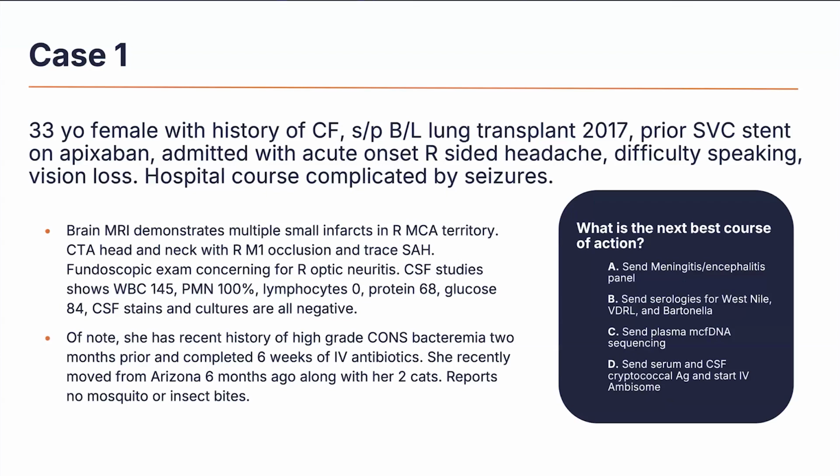Or would you think that maybe this looks like crypto, so we should do serum or CSF cryptococcal antigen and start the patient on IV AmBisome? So please go ahead and vote. We won't give you the answer. We'll come back to it at the end of the presentation after what we discussed, and have you vote again and see if this helps change your management in terms of diagnostics.